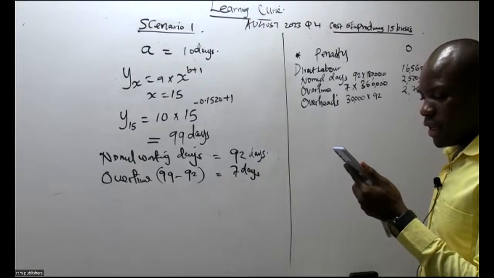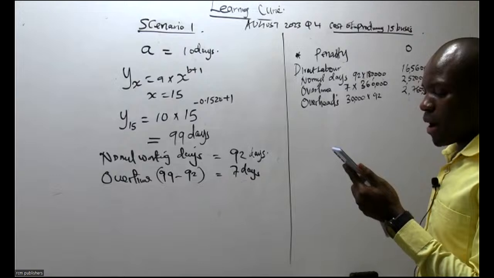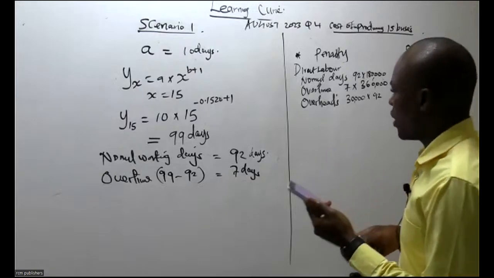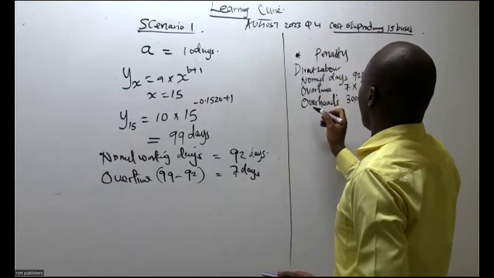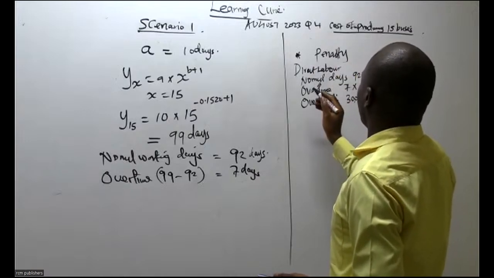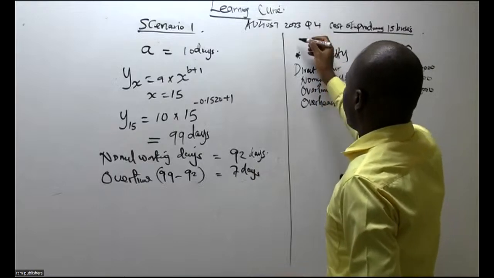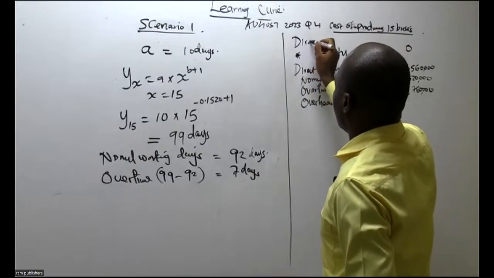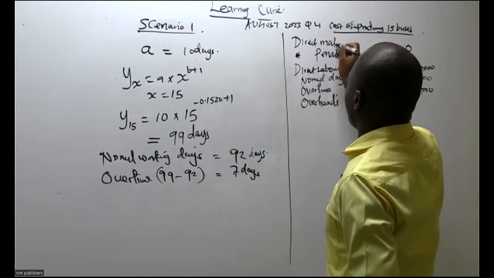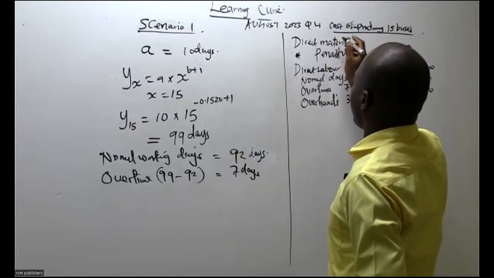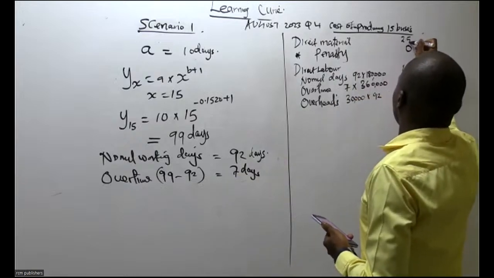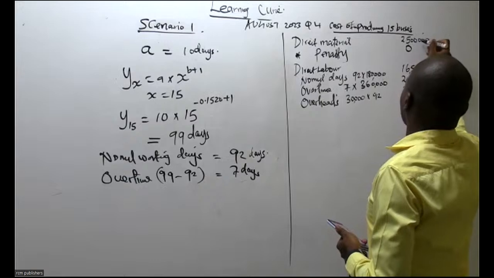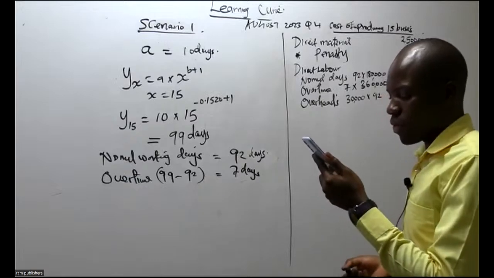Having done that, we are being told in number 6 that the management accountant estimates direct material cost per bus at 2.5 million. So we have direct material, which was supposed to be the first one. Let me just put it here. You can put it anywhere, even up there or down here, and you'll still have your answer. 2,500,000.